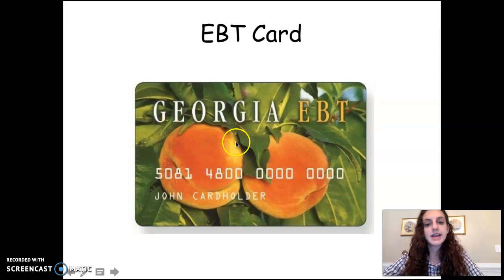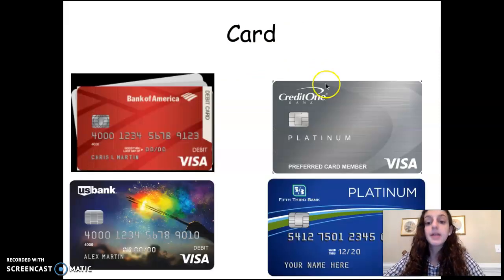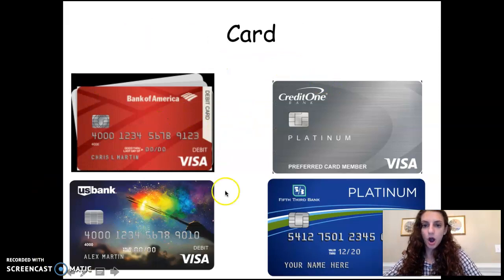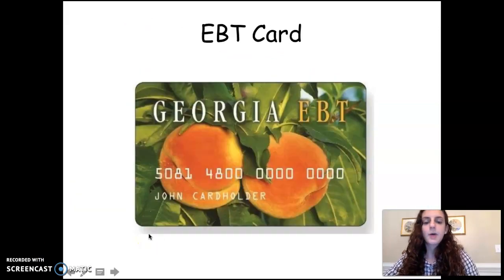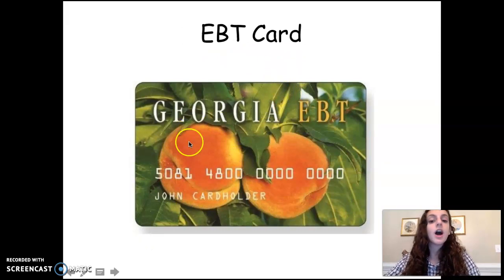Lastly, there is the EBT card. The EBT card is very similar to the debit card. However, the EBT card is for government benefits.